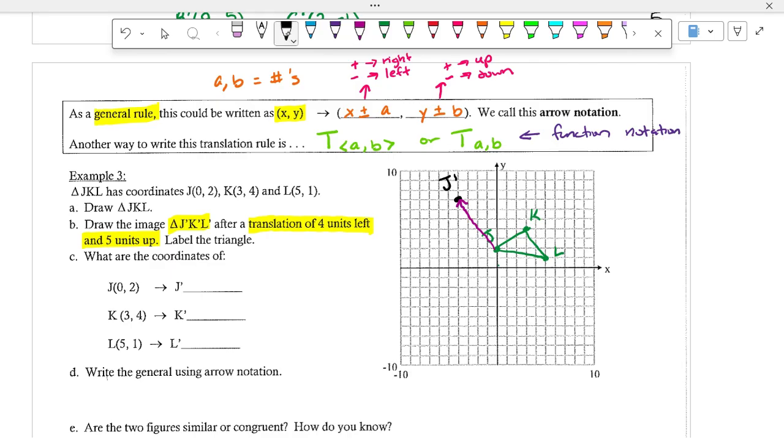You're going to do the same for all three. So over 4, up 1, 2, 3, 4, 5. There's K prime. L over 4, up 1, 2, 3, 4, 5. L prime. And if you want to look at it in terms of a vector, you can actually draw the vectors.